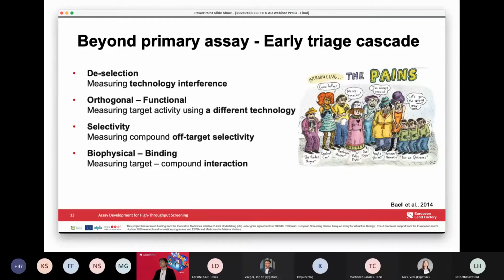Orthogonal assays, basically using the same target, but with another readout to confirm the actives. Selectivity assays may be required to get rid of any compounds that have off-target selectivity, and also biophysical assays that are absolutely crucial to characterize target engagement.